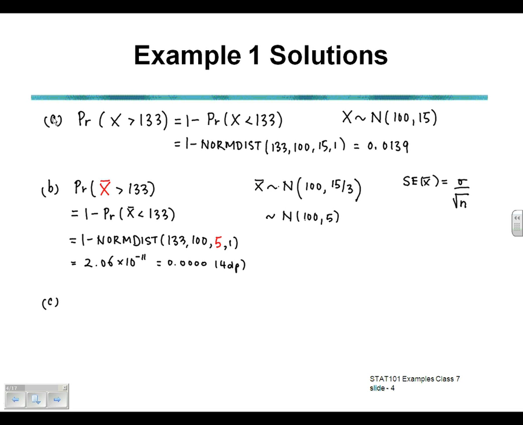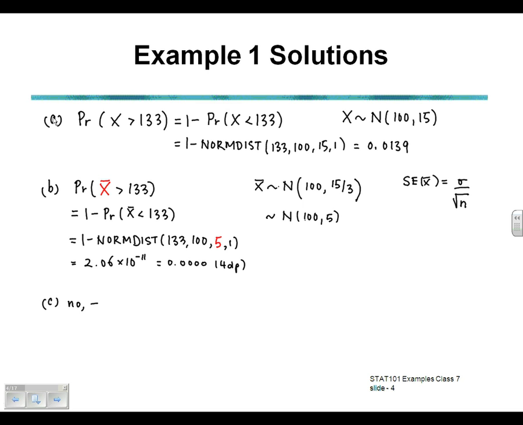Now, part C of that question said if their individual test scores were lost, can it be concluded that all 9 candidates have IQ scores above 131.5? Well, in fact, no, that's not necessarily true.